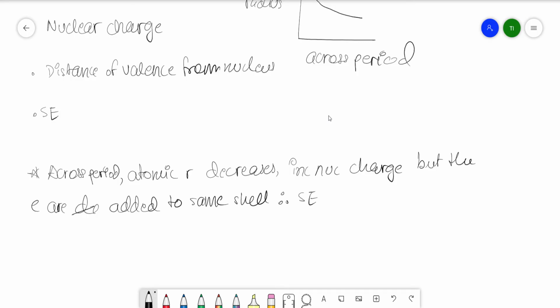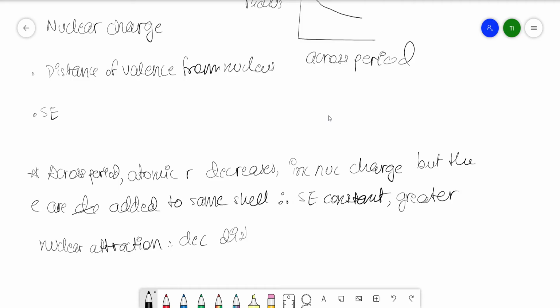Therefore, shielding effect is constant, and so greater nuclear attraction, therefore decreasing distance between outer shell electron and nucleus.